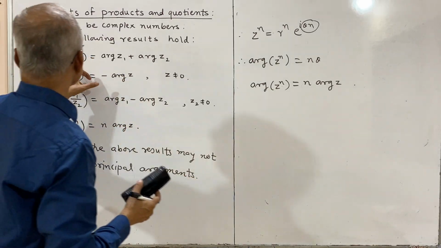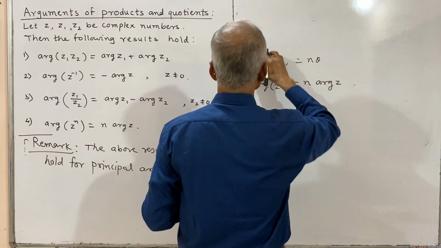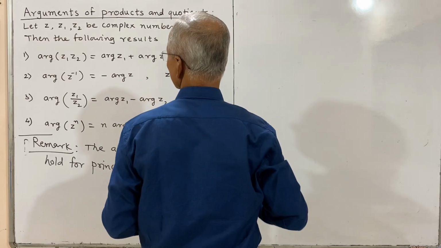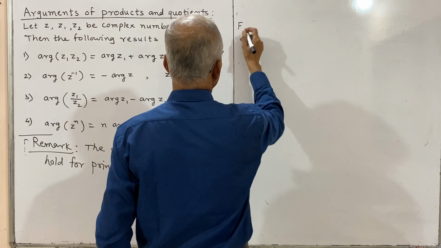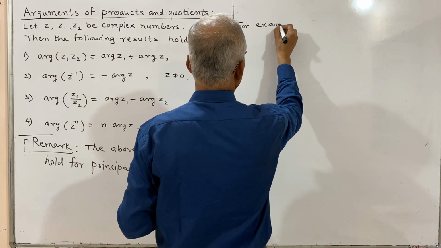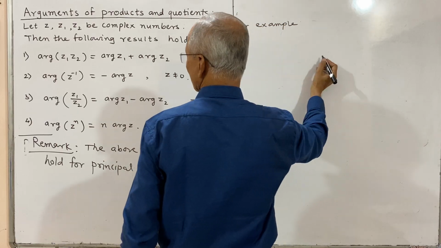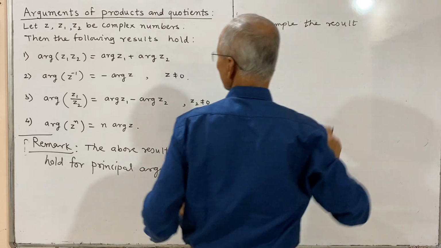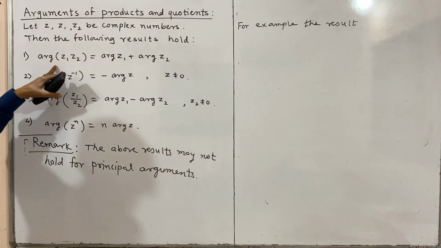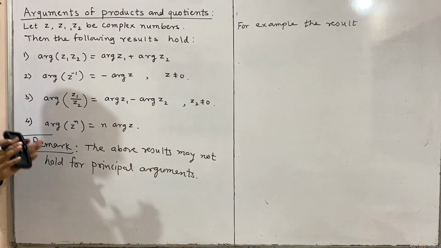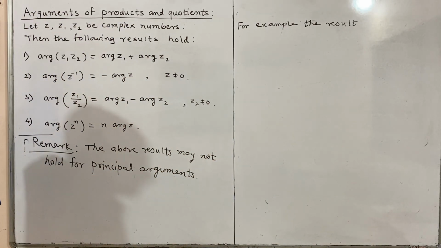For example, the first result: if we replace argument by principal argument, and we know the principal argument is that value of argument which lies between minus pi, strictly less than the argument, and less than or equal to pi.